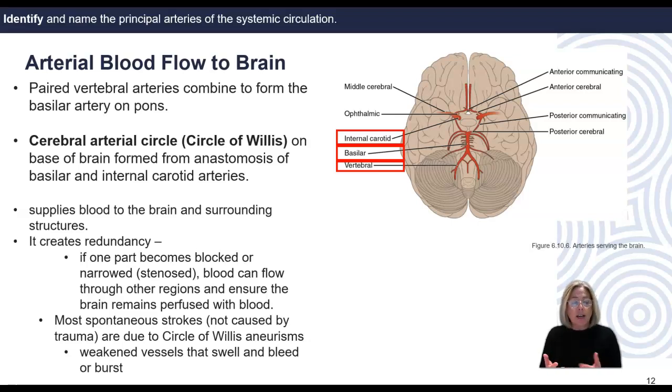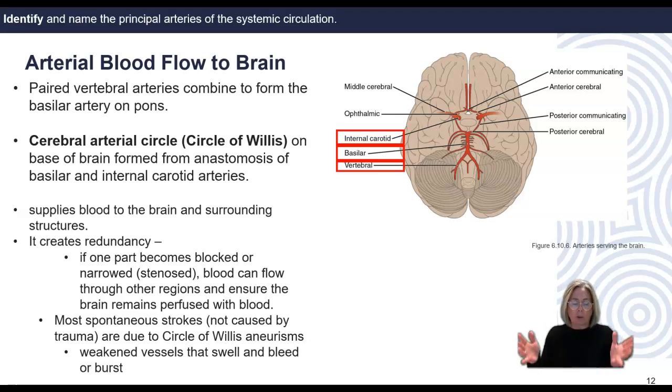It can occur as a result of a thrombosis, so a clot, which interrupts blood flow, or an embolism, which is like a floating clot, which eventually gets lodged in smaller vessels, or it might be a result of a hemorrhage or a rupture of a vessel, and therefore leaking of that blood from that vessel.